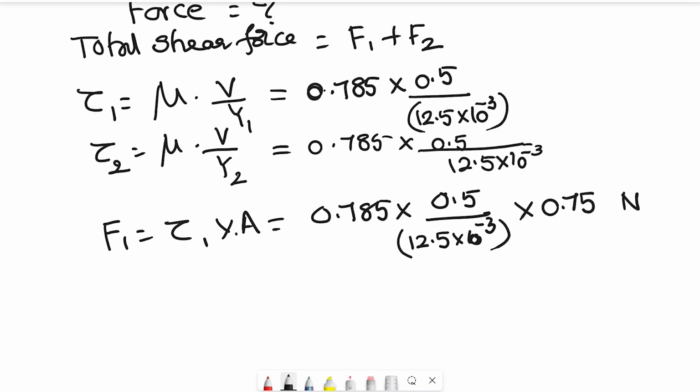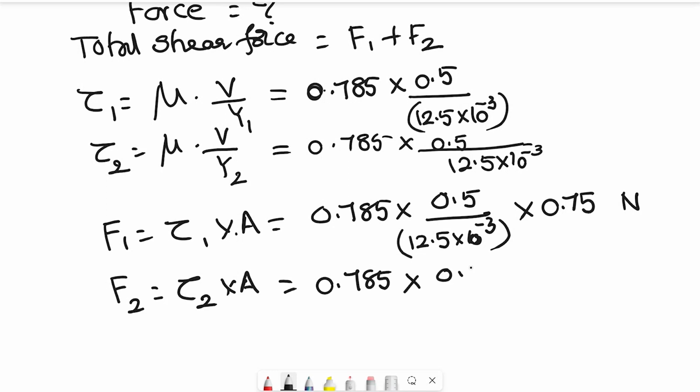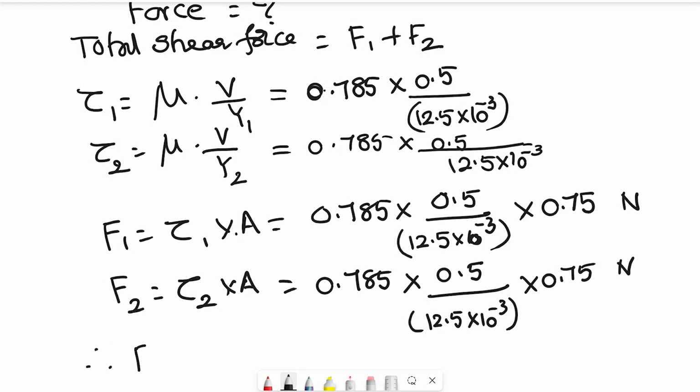This is in newtons. F2 is equal to tau 2 into area. The area is the same, so 0.785 into 0.5 divided by 12.5 into 10 to the power of minus 3 into 0.75 newtons.